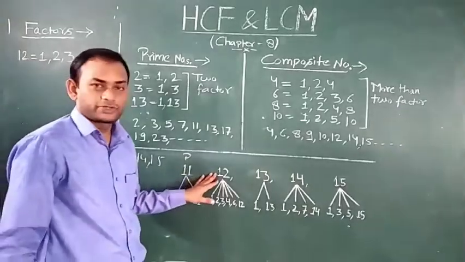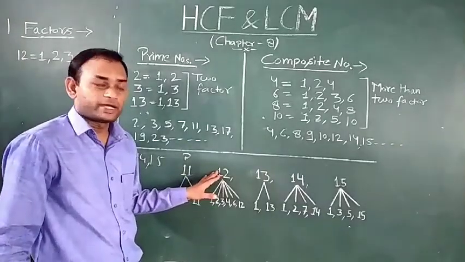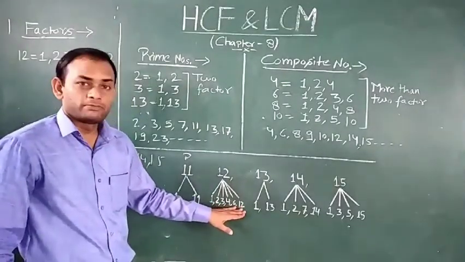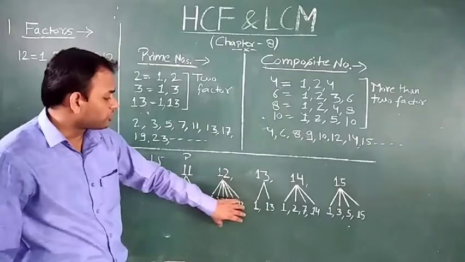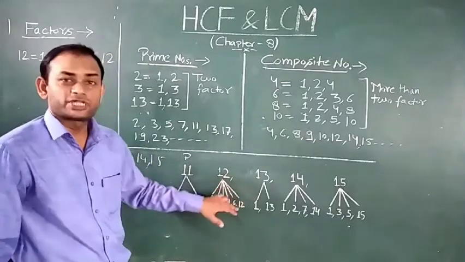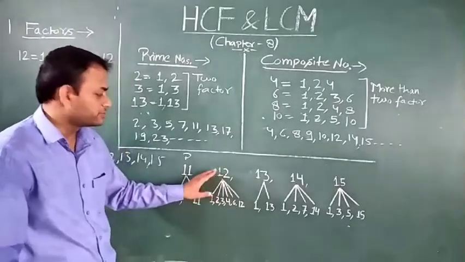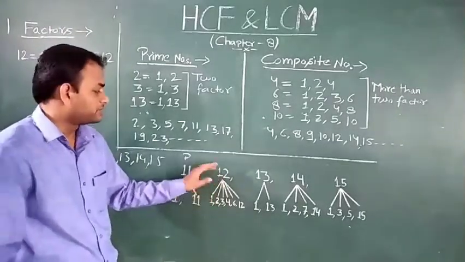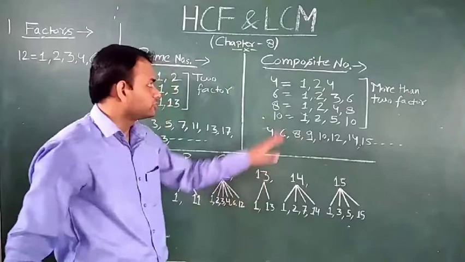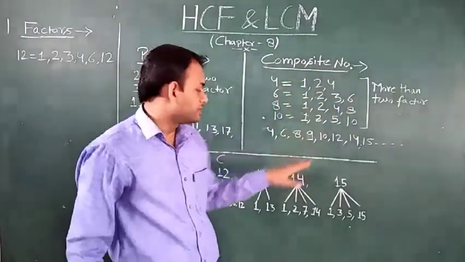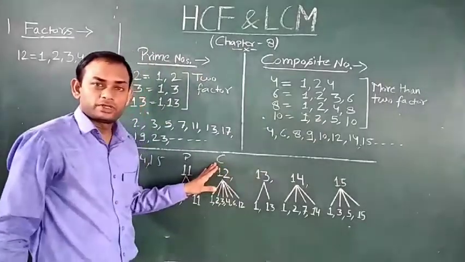Now next, 12. 12 is divisible by 1, 2, 3, 4, 6 and 12. Means 12 comes in the tables of all of these numbers. So it is not a prime number. This is a composite number. I told you that a number which has more than two factors is called a composite number.